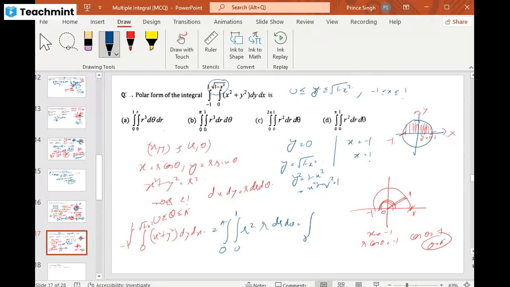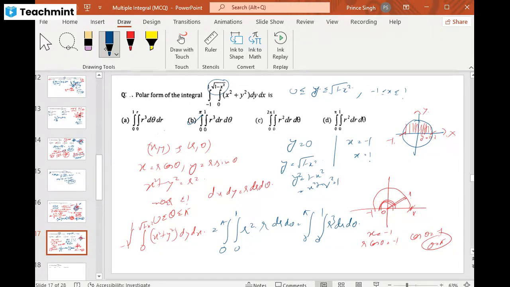So its value is 0 to pi, 0 to 1, r cube dr d theta. So the correct answer is 0 to pi, 0 to 1, r cube dr d theta. So why is the limit pi? Because the region is a semicircle, because the value of y is positive. y is positive means the upper half.